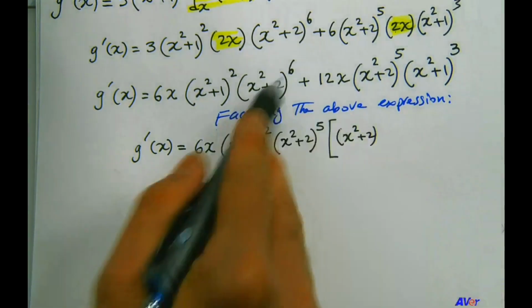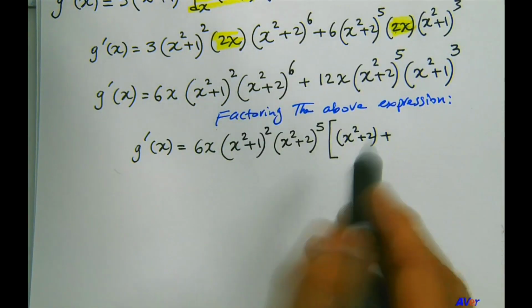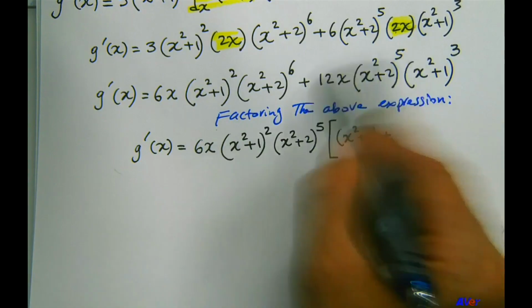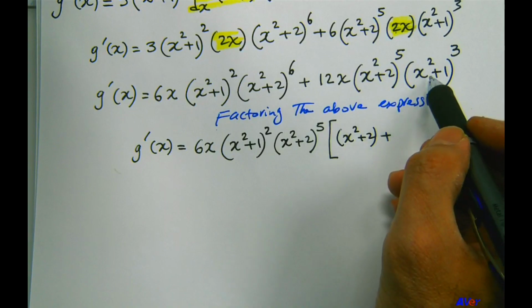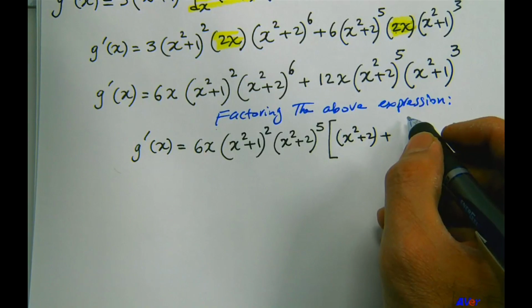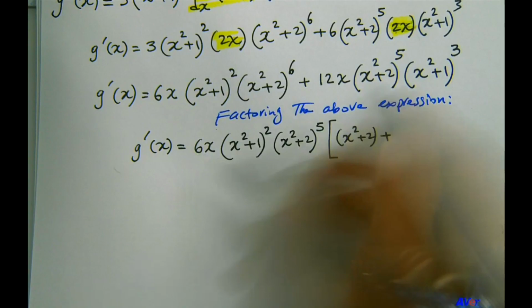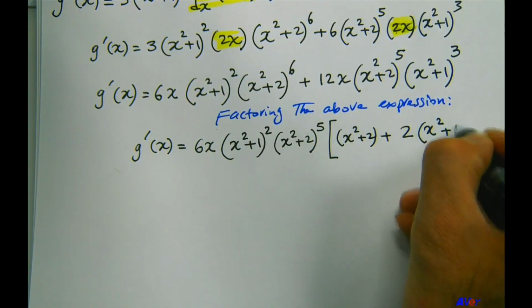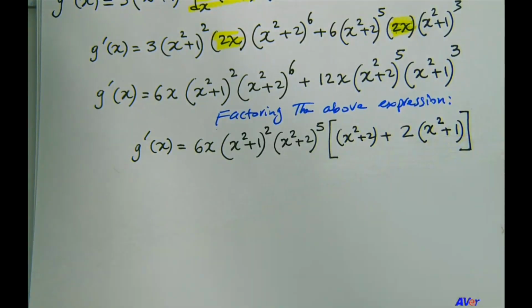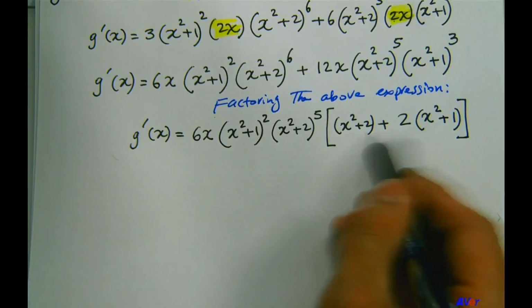1 plus 5 will give us 6 again. Then plus, what do we have to multiply this by to get this expression back? All we need is x squared plus 1, and that's it. And we also need a 2, right? Because we have 12x, and we have 6x out here. So 2 times (x squared plus 1). So then let's simplify this expression.